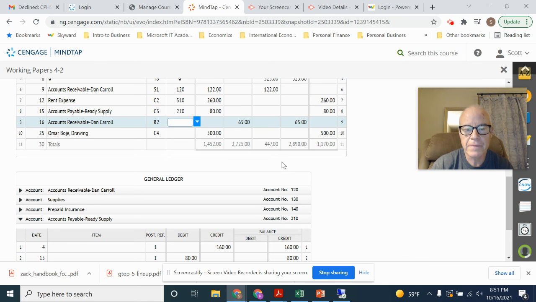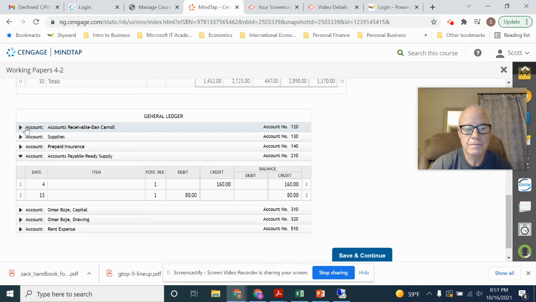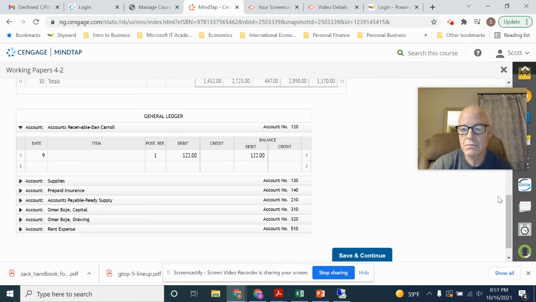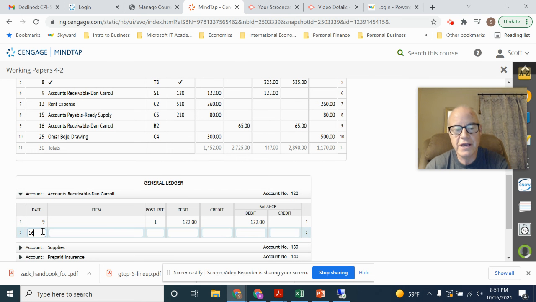And we're done there. Looks like Dan Carroll paid us on account $65 on the 16th. On the 16th, journal page 1, general credit of $65.